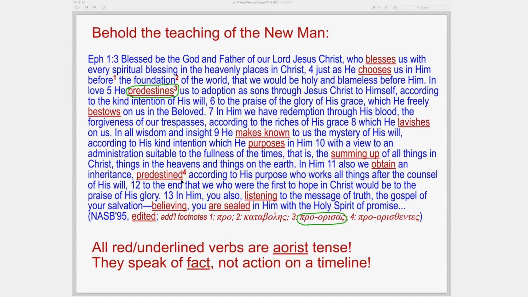Then likewise over here, this is different only in that it's a participle. Here you have the subject, the verb, he predestines. Here you have a participle, predestined, defined ahead according to his purpose. So the whole discussion about, well, let me just go on to the next slide.